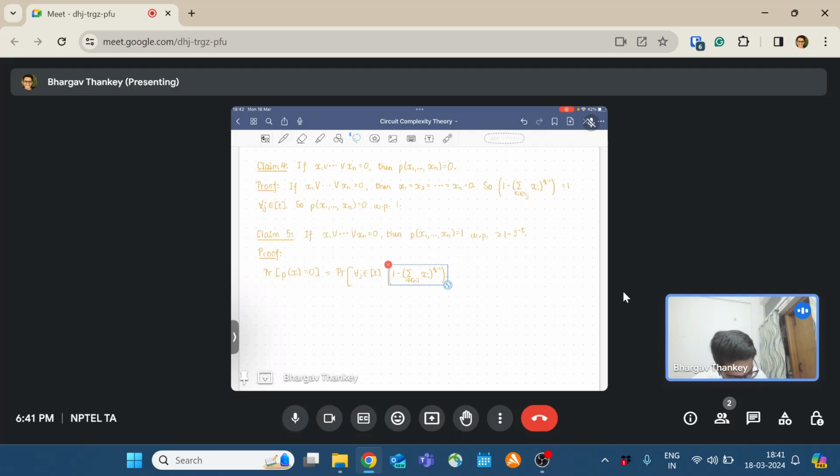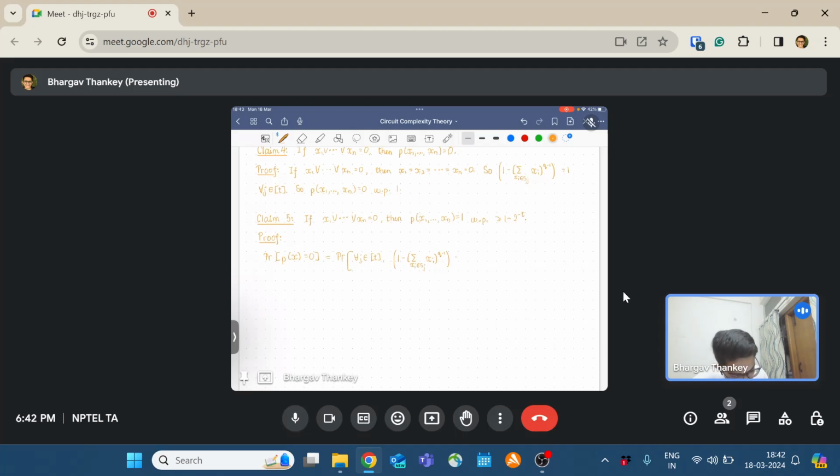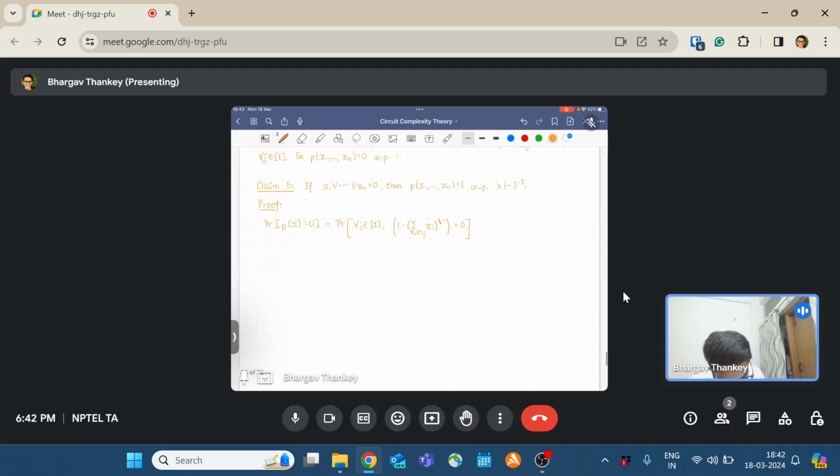For each j, this is 0. So if this is 0, which means this is 1.